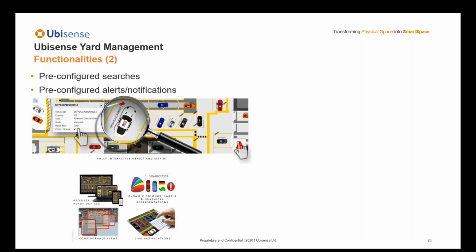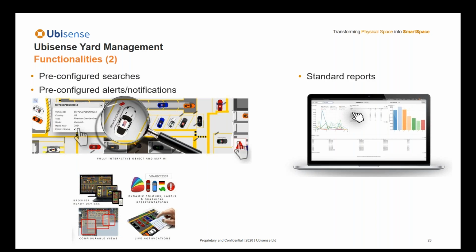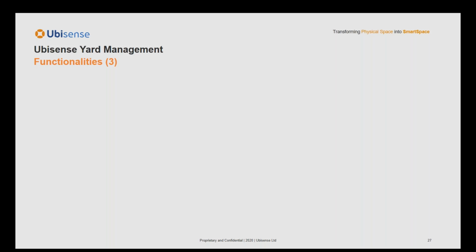They can be visual, but they can also be sent via email or logged into a database. And we will have some standard reports that can be customized for the specificities of different use cases. For instance, the location history, the dwell time in different working zones, and so on.